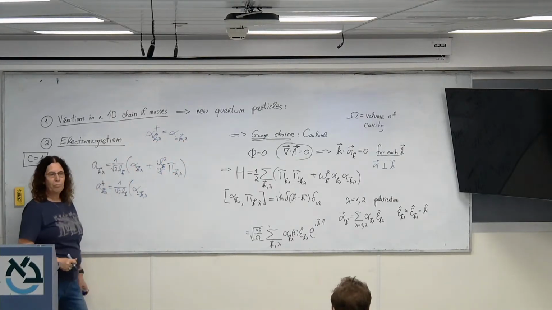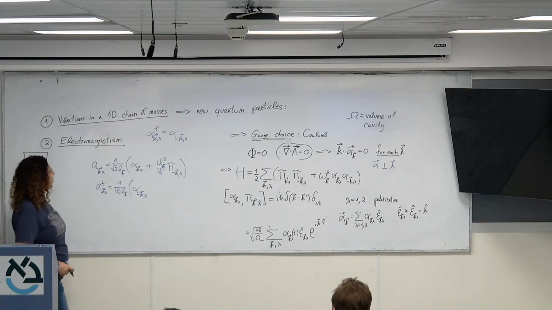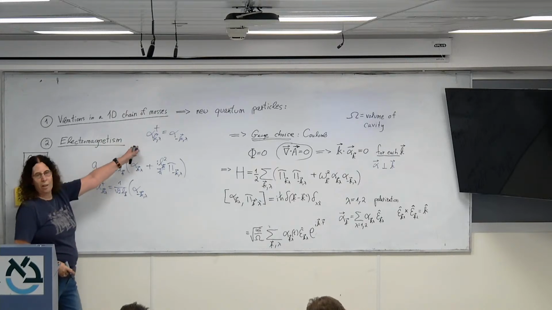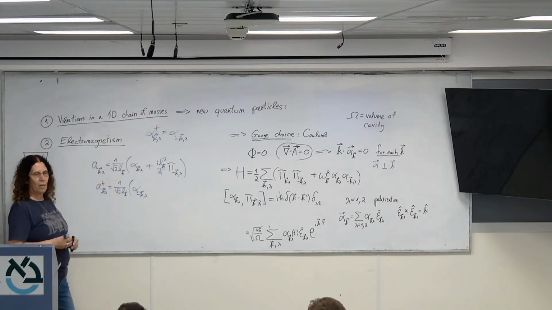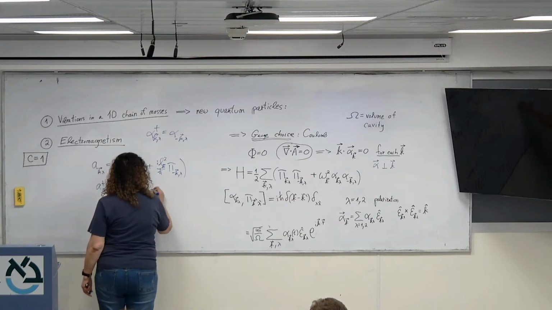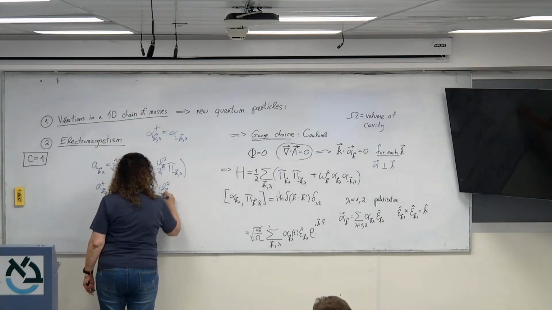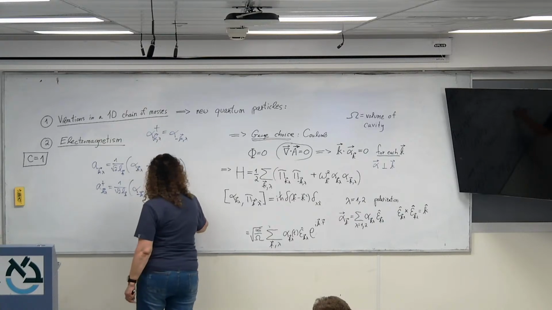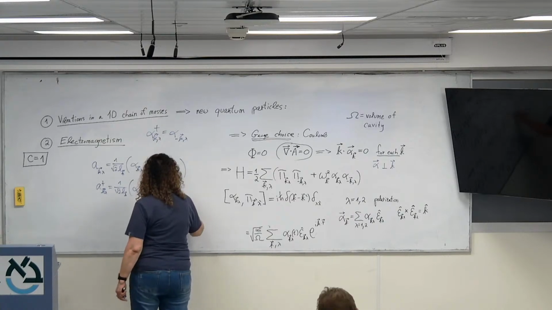Just because in real space alpha is a real function, Hermitian, and here I have a minus i L K over h bar times pi of K.